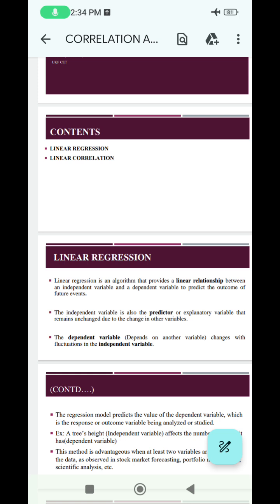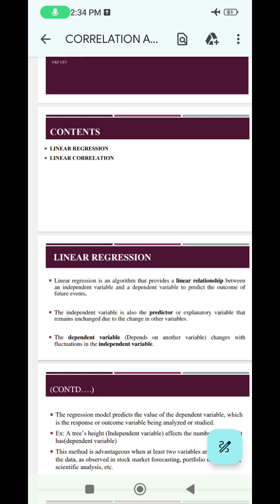Linear regression is an algorithm that provides a linear relationship between an independent variable and a dependent variable to predict the outcome of future events. That means it is a linear relationship between an independent variable and a dependent variable. The independent variable is also the predictor or explanatory variable that remains unchanged due to the change in other variables.